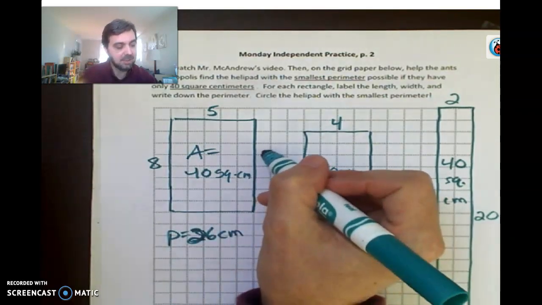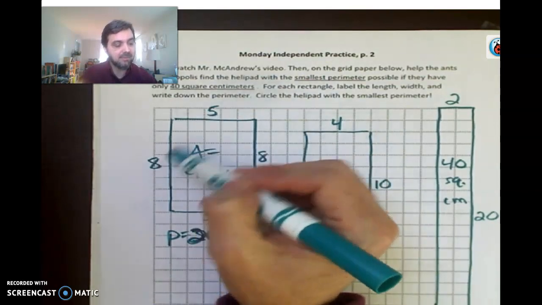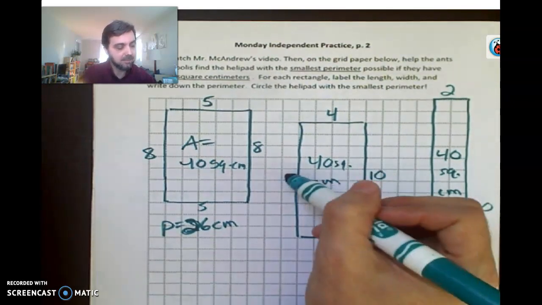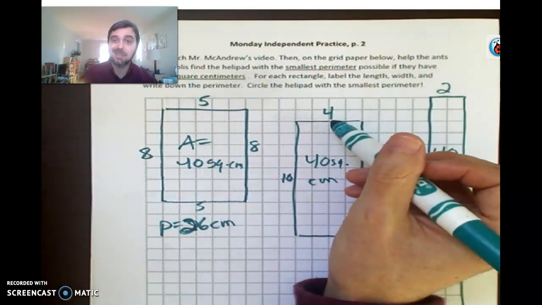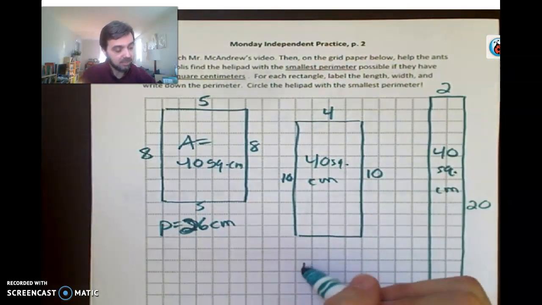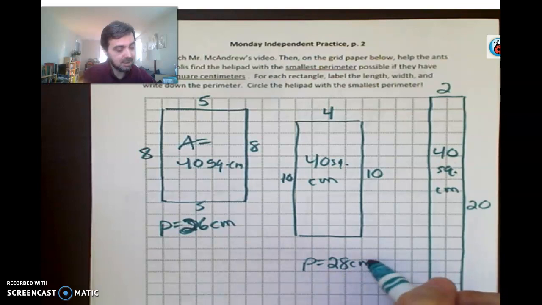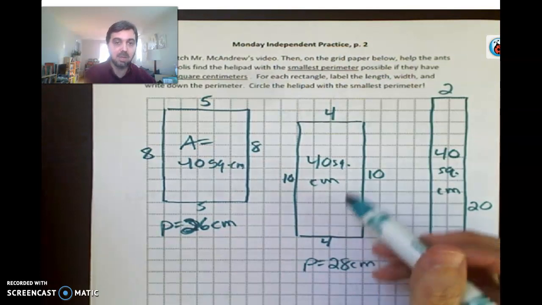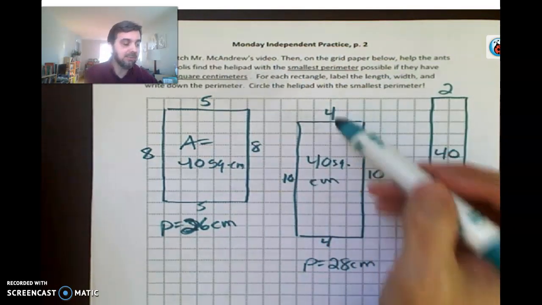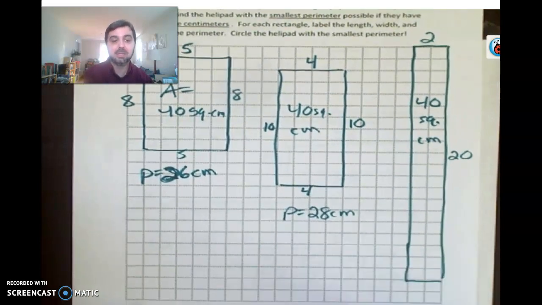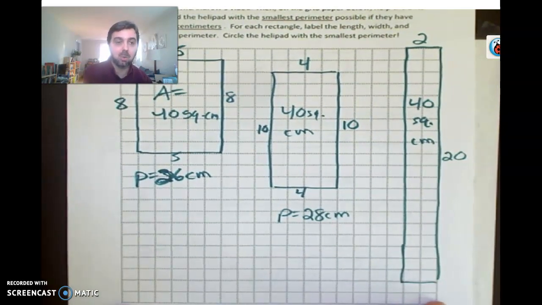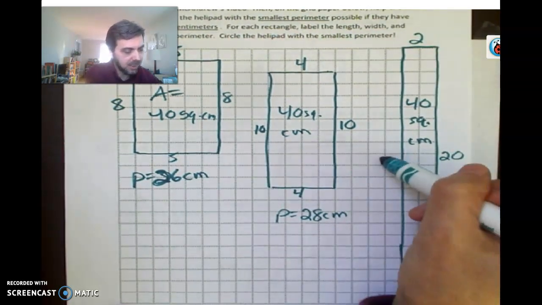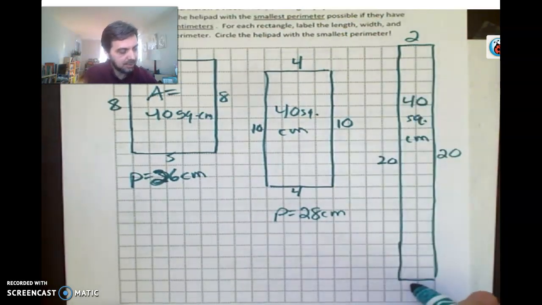If this is also 8 and 5, 8 and 5 is 13, we double it, we get 26. Over here, we have 10 and 4, which is 14, so the perimeter should be 28. Let's check: 10 plus 10 is 20, 24, 28. Yep. And then this very long one has 20 on this side, 20 on this side, and 2 there and 2 there.